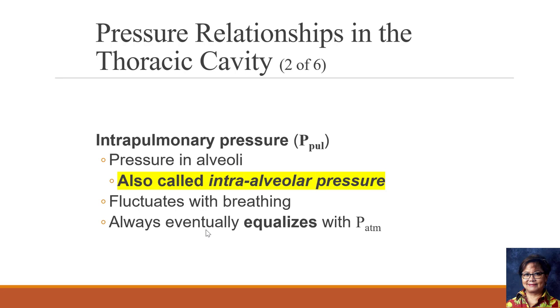Sometimes it becomes higher than the atmospheric pressure, sometimes lower, but the net effect is to equalize with it. The reason we move our chest is that the pressures outside and inside our alveolar sacs are trying to equalize.